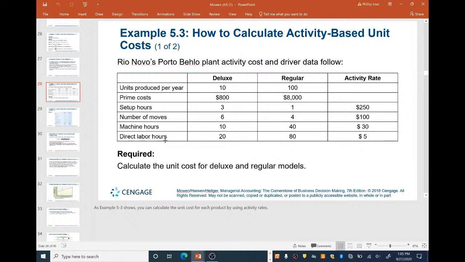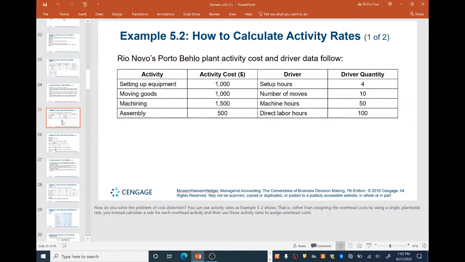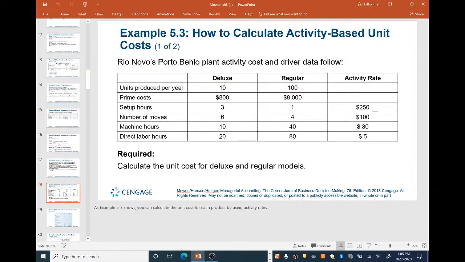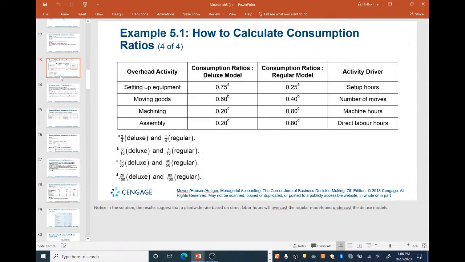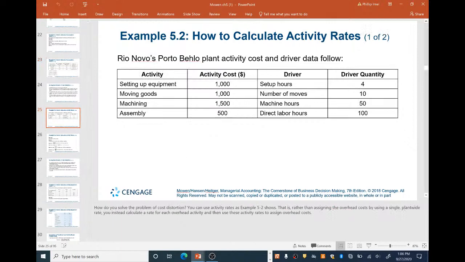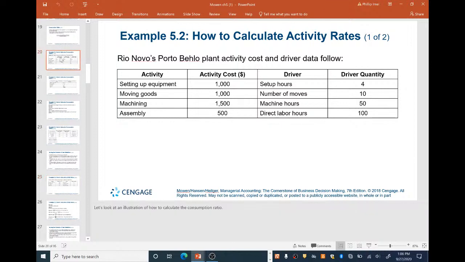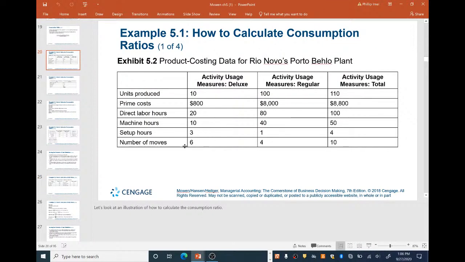And then here we can still see we pulled this data down from these other charts up here. Remember the setup hours, number of moves, machine hours, all these quantity drivers. So that's where this is coming from, 3, 1, and so on and so forth. Setup hours 4, but then the breakdown we had from up here. Remember the 3, 1. So this is what we're doing, machine hours.